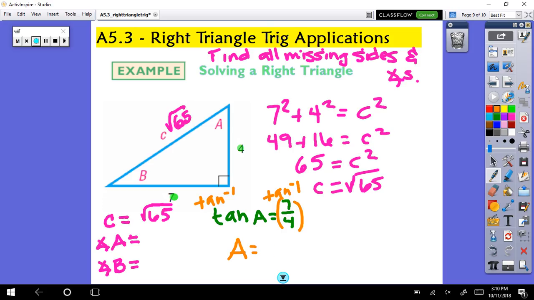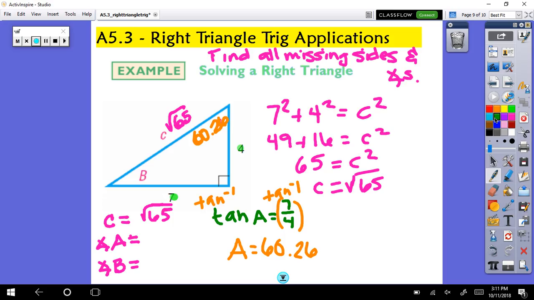Okay, so I got angle A is 60.26. If you got 1.05 yada yada, you're still in radians, and we need to be in degrees when we're in a triangle.